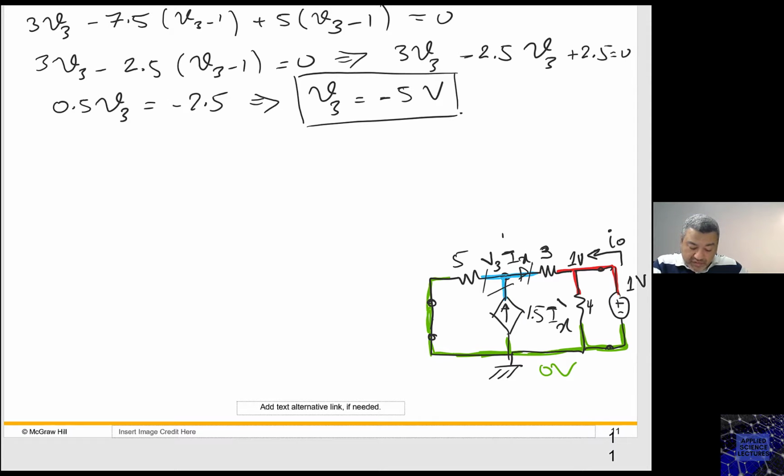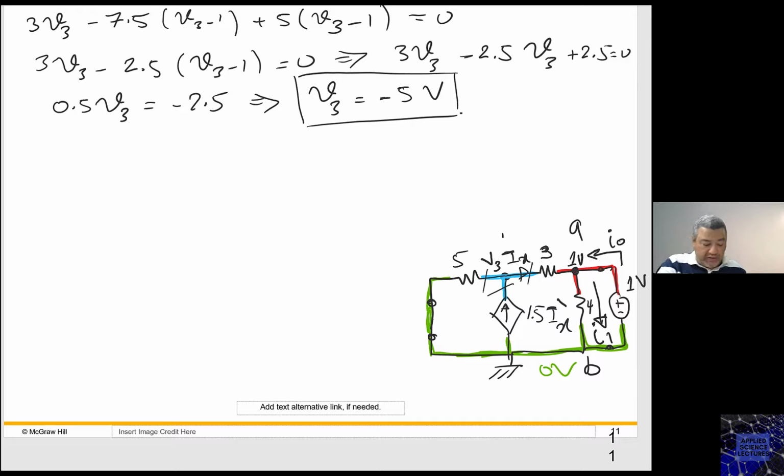So let me call this one A, and this is B. Let me say that the current here is going this way, let me call this one I1, and IX is already entering.